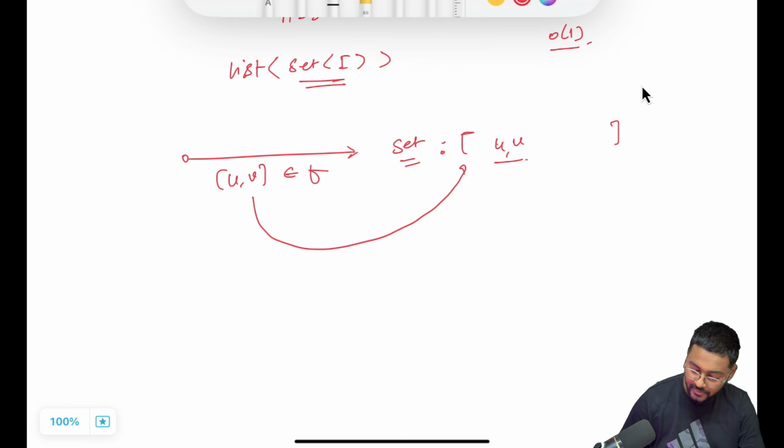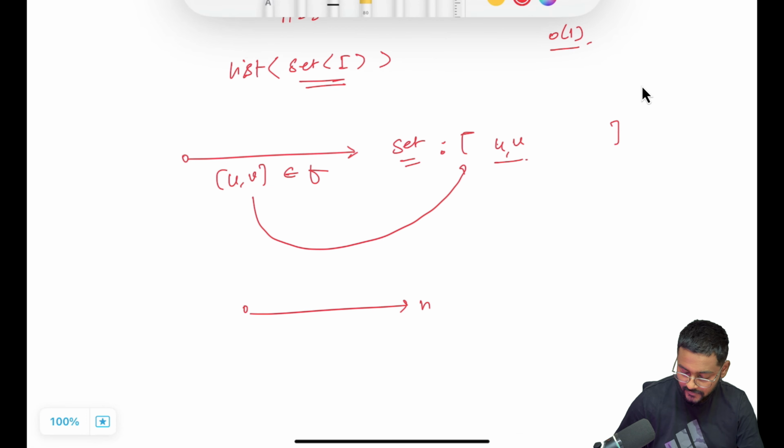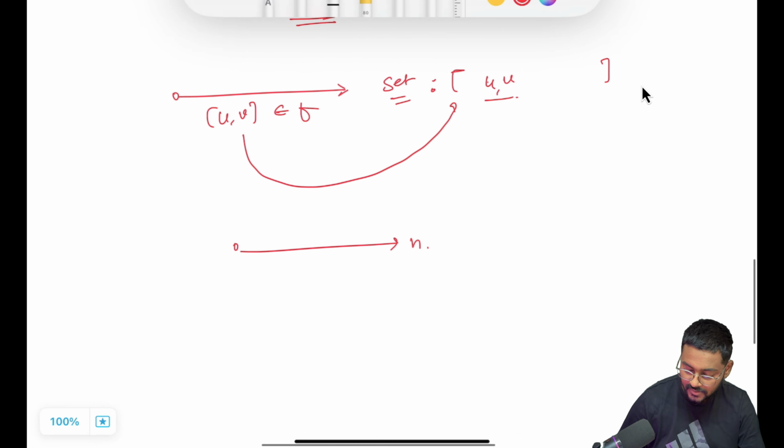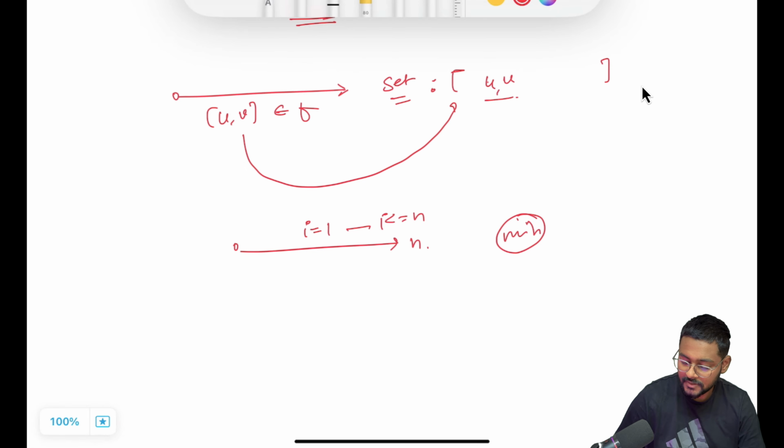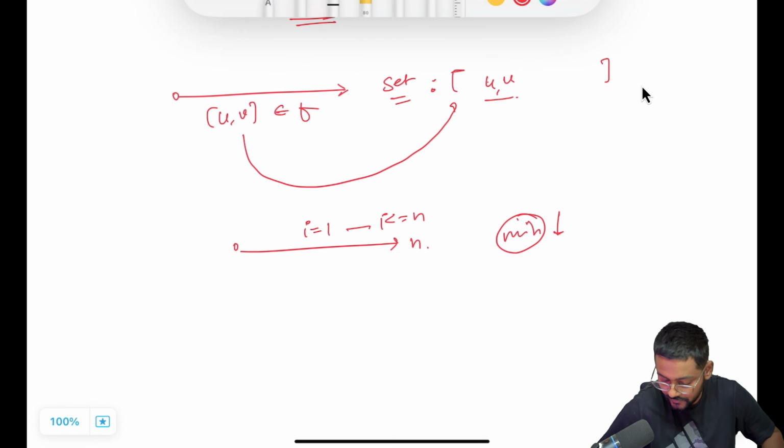After that, I will iterate over the n languages, where i starts with 1 and i is less than or equal to n. I will see how many people I have to teach this language, and that is going to be my answer.